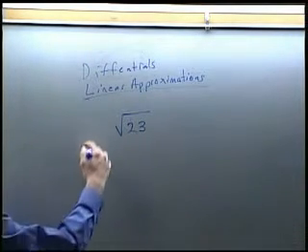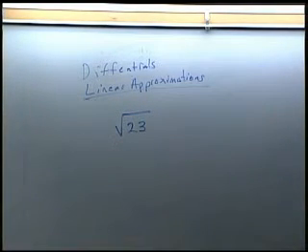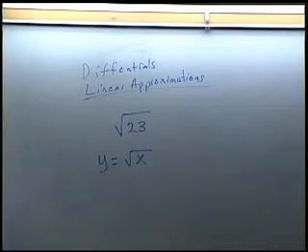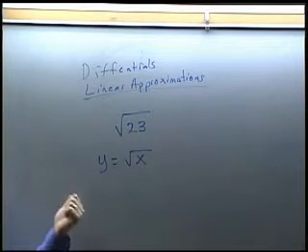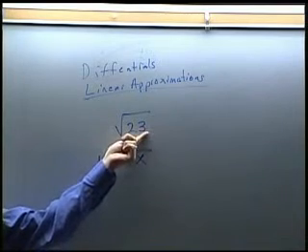Okay? Now, if we want to approximate the square root of 23, there are two things we have to decide. First of all, what's the initial equation we're going to use? Well, we're looking for the square root of some number, so our equation is just y equals the square root of x. The second thing we need to decide is to pick a nice value that we know the square root of that's really close to this one.